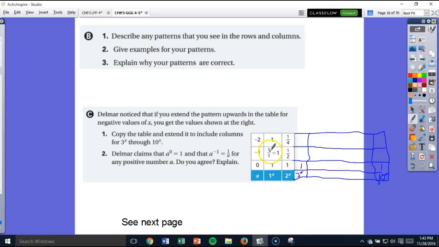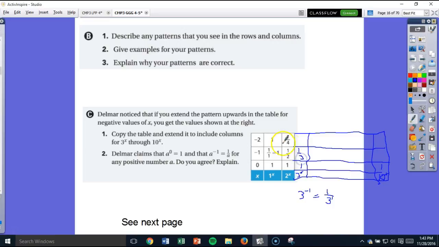And what happens when we have a negative exponent is we have to invert and raise to the power. So when we have 3 to the negative 1, what we really have is 1 over 3 to the first. So that's going to be 1/3.